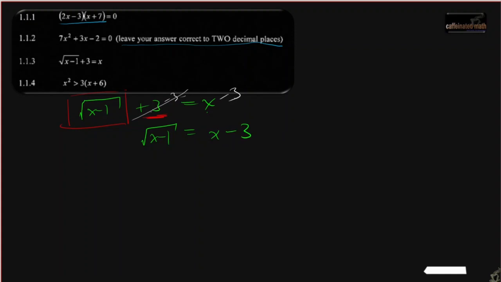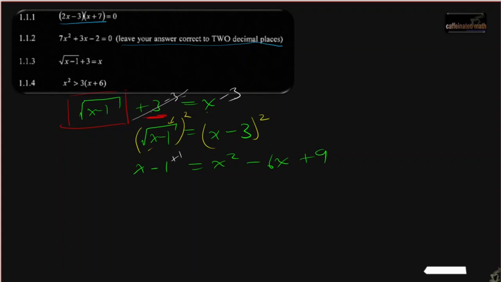So we are left with square root of x minus 1, of course, being equal to x minus 3. And then what do we want to do? Well, get rid of that radical by squaring both sides. So that gives us the x minus 1 we wanted, and this of course becomes x squared, well, minus 3x times 2, which gives us minus 6x, and then plus 9.